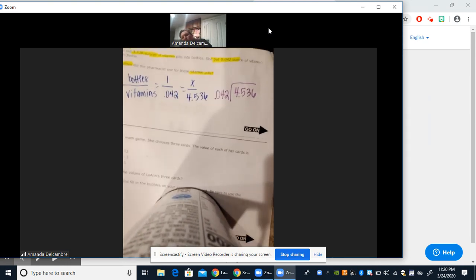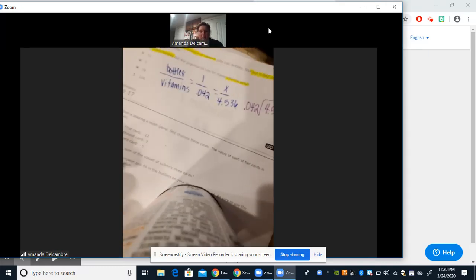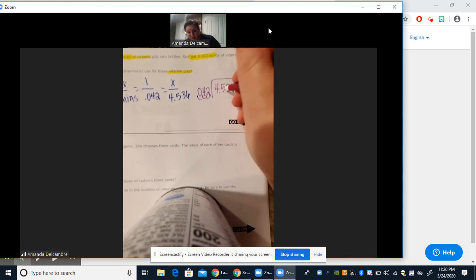All right, since we have a decimal as a divisor, we need to move that decimal to make it a whole number. So I need to move it, oops, sorry guys, 3 times. So 1, 2, 3. So then I get 42. So if I move 3 on the outside, I have to move 3 on the inside. So I'm going to move 3 on the inside. 1, 2, 3.